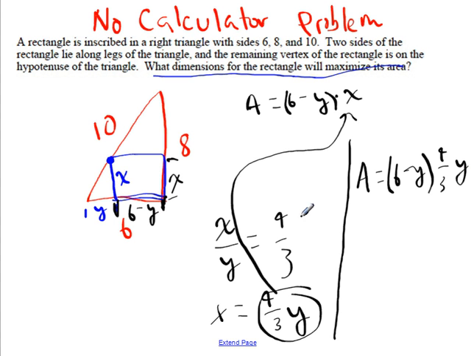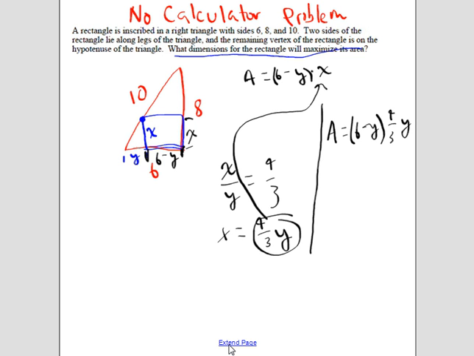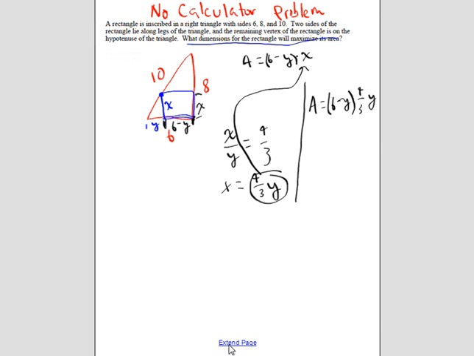Okay, in order to find the maximum value, we want to set the derivative equal to 0. Before we do that, it's helpful to simplify that area function.